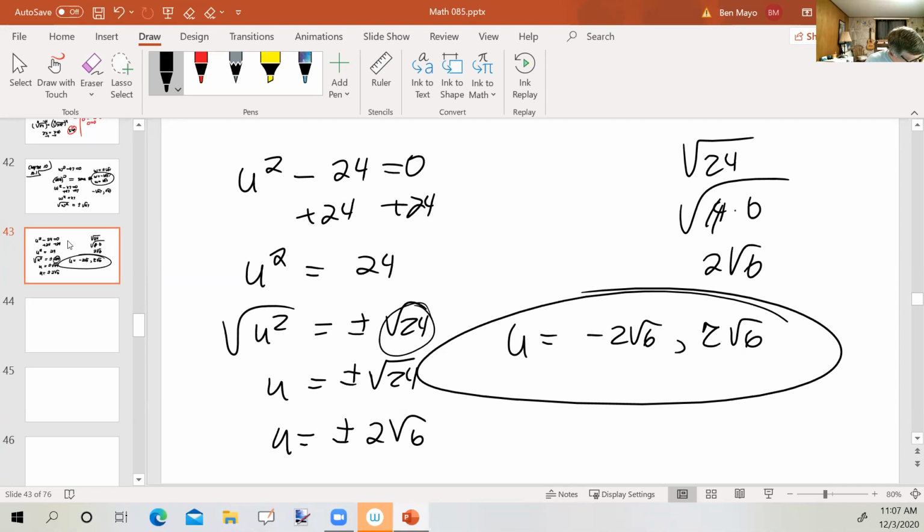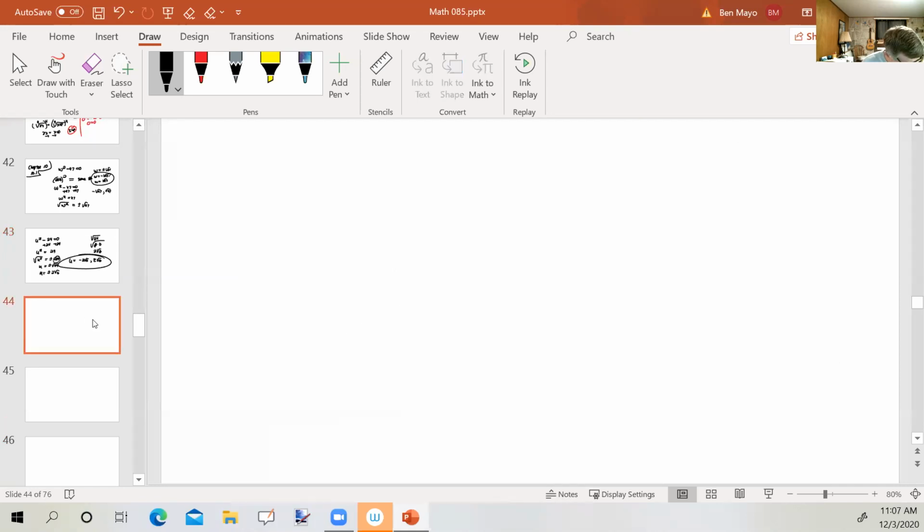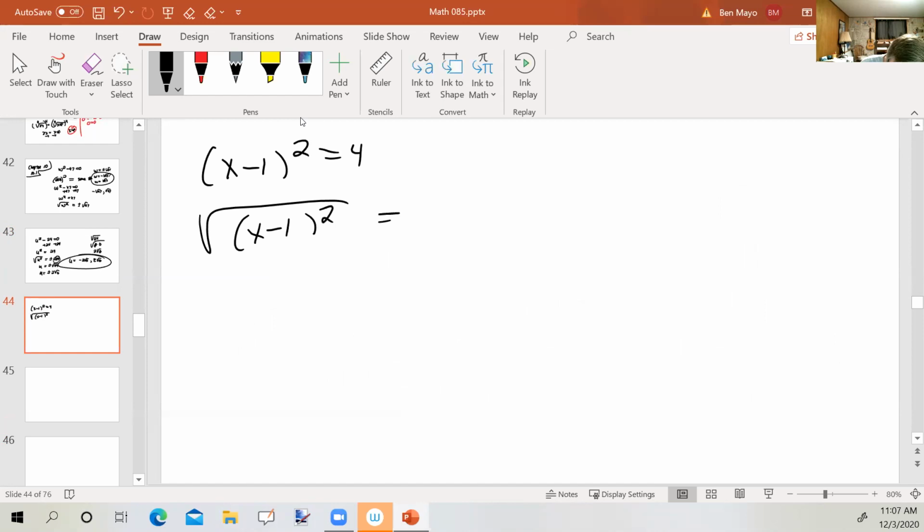Alrighty, let's see here. If I have x minus 1, the quantity squared equals 4. That's already in that special form where I've got a perfect square containing a variable on one side of the equation and a number on the other side of the equation. So I'll take the square root of both sides, apply the plus minus.